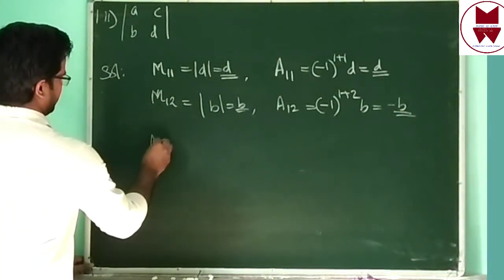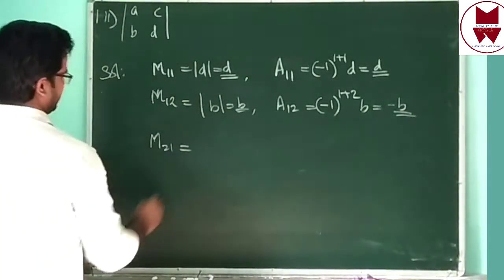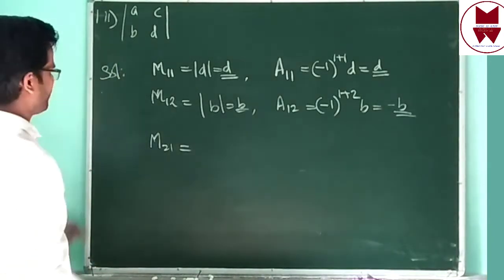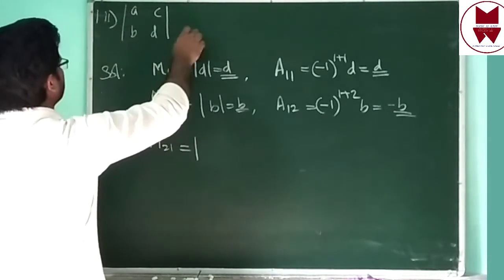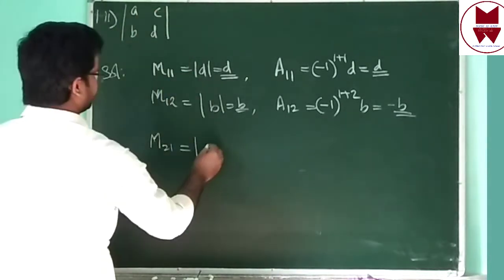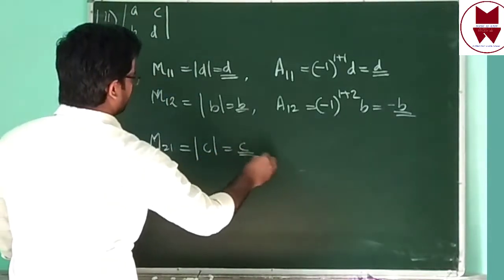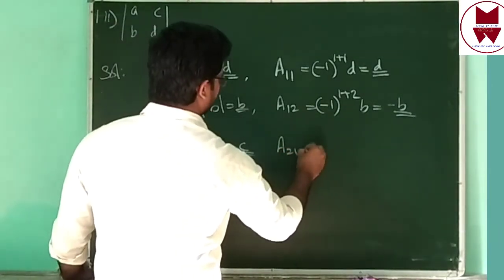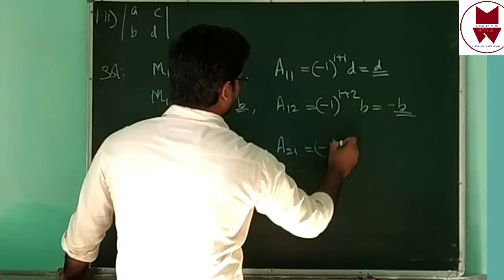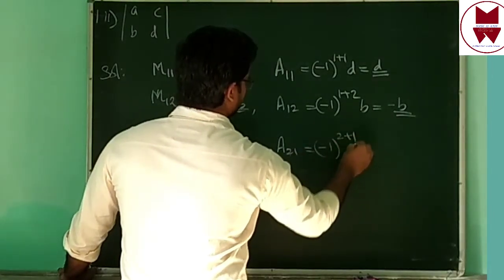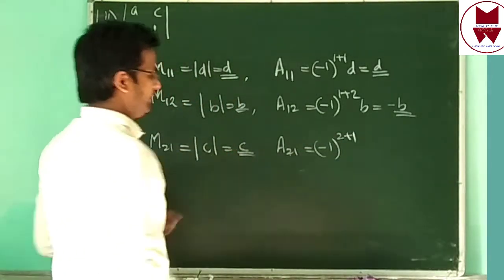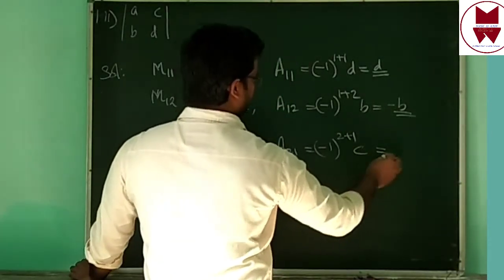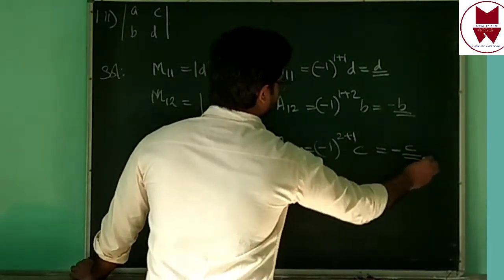The next M21. M21 means this number, second row and first column. Determinant, just leave it, second row and first column, remaining C. Determinant of C. Answer is C. A21, we can write minus 1 all raised to 2 plus 1. Then minor already got it, that is C. What will get? Minus 1 all cube, that is minus 1, minus C will get.